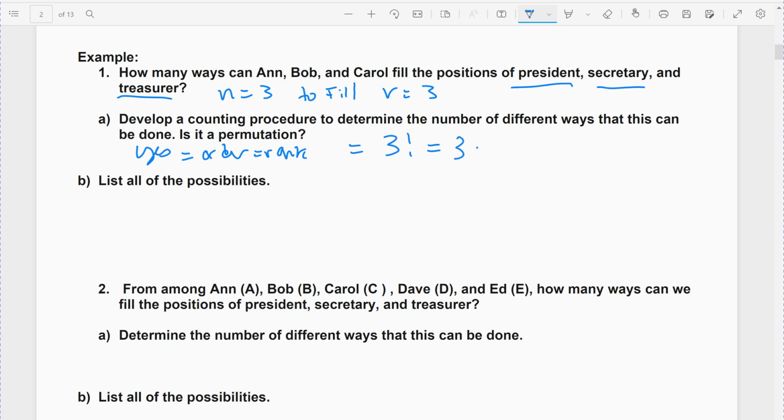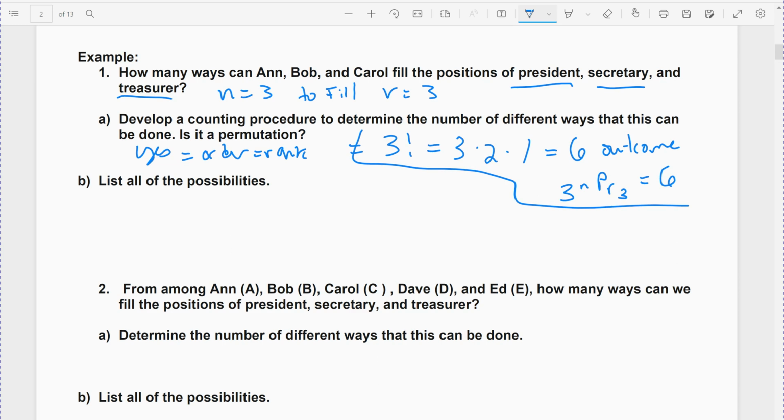I have 3 for president, 2 for secretary, and 1 left over for treasurer, and so there are 6 outcomes. If you use the permutations key on the calculator, it should give you that as well. You would type in 3 for your N and 3 for your R, and that will also give you 6.